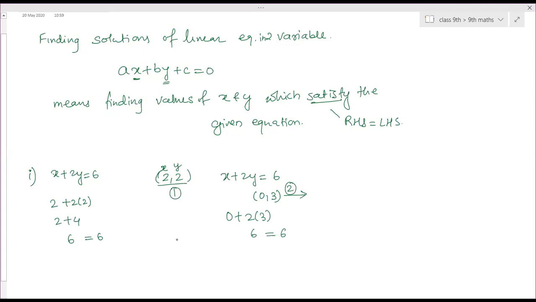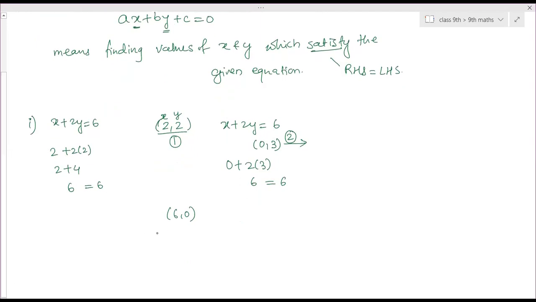Then I will check with 6 comma 0. X value is 6 and 2 into 0 is 0, so 6 plus 0 is 6. So RHS is also 6. By substituting 6 comma 0, this equation is also satisfied.